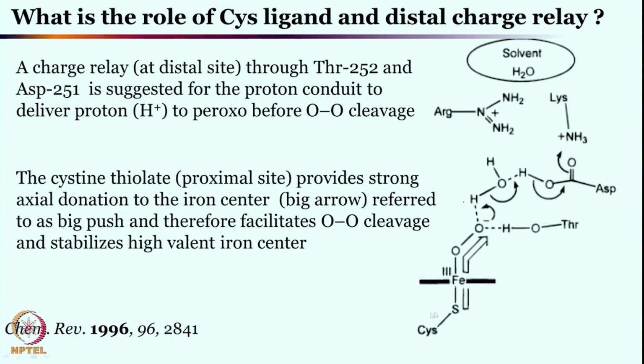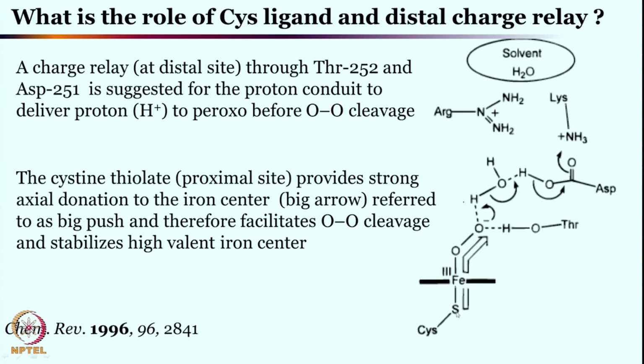The histidine is not a negatively charged ligand. The negatively charged ligand cysteine thiolate helps overall in breaking the oxygen bond. So, the cysteine thiolate provides strong axial donation to the iron center, referred to as the big push, and therefore facilitates the oxygen cleavage and stabilizes the high valent iron center.